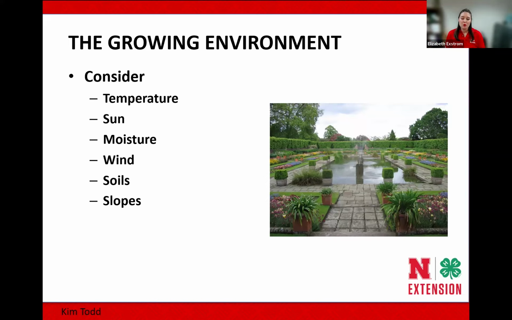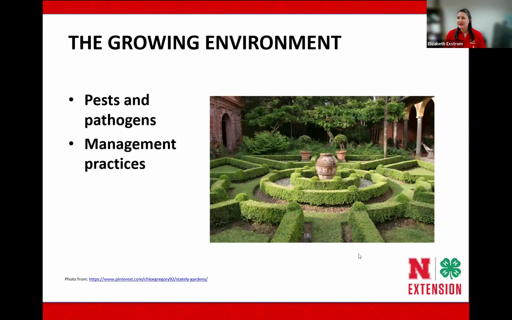So making sure we really understand the location that we have, the growing environment that we have, what kinds of issues we might have down the road. So those pests and pathogens are going to play a big role in that. If that plant material is properly placed and it's happy, it's not going to be as susceptible to some of those pests and pathogens.